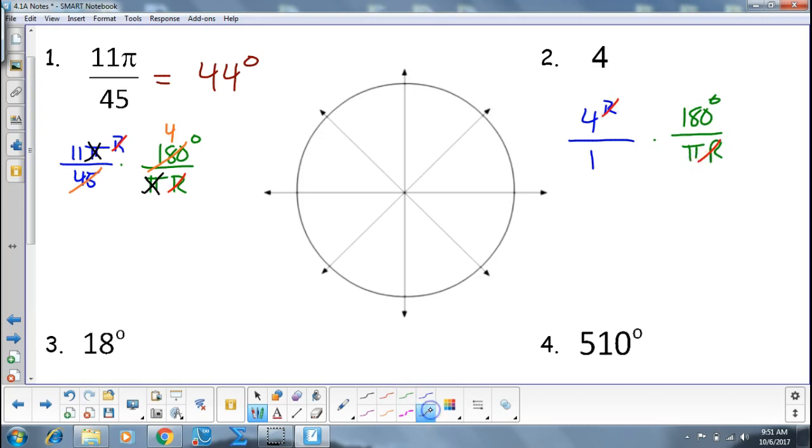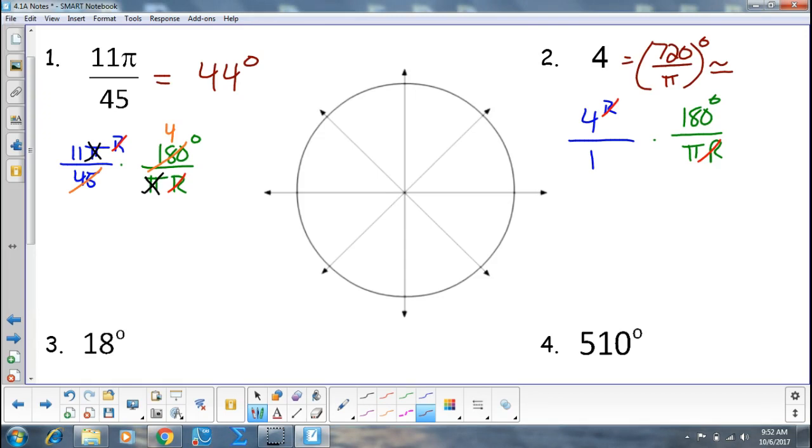So then that leaves me with, what is 180 times 4? Is that 720? Yeah. Approximately, how much? 720 divided by pi.